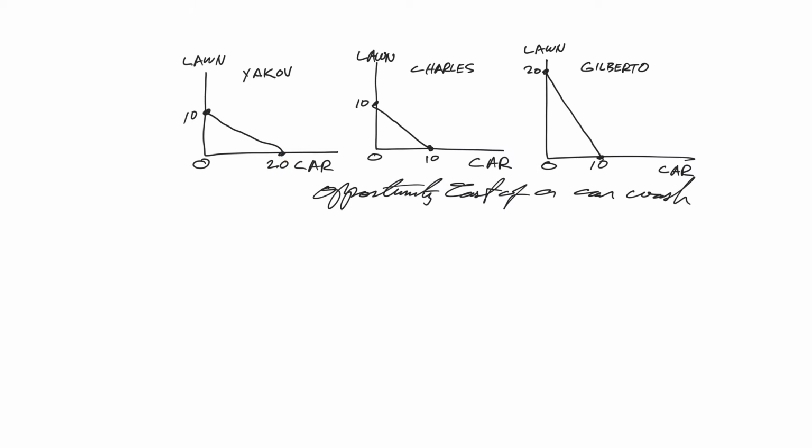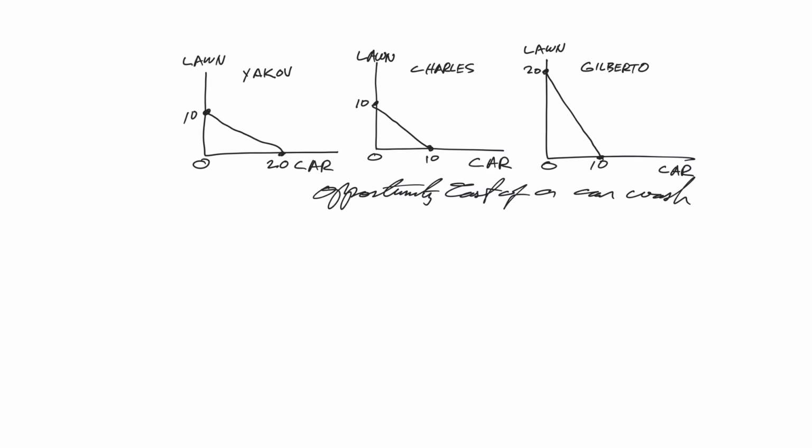Well, he's going to have to go from 10 down to 0 lawns. So 20 car washes force Yakov to give up 10 lawns. His opportunity cost of producing 20 car washes is 10 lawns.